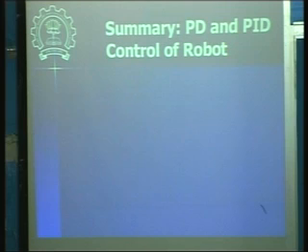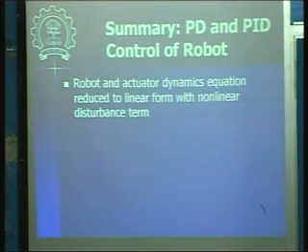Now let us summarize what we have done today. PD and PID controllers: basically we first found the robot and actuator dynamic equations, and then we reduced them. You can observe that we have reduced these equations to a form which is very similar to a linear form with a nonlinear disturbance term.